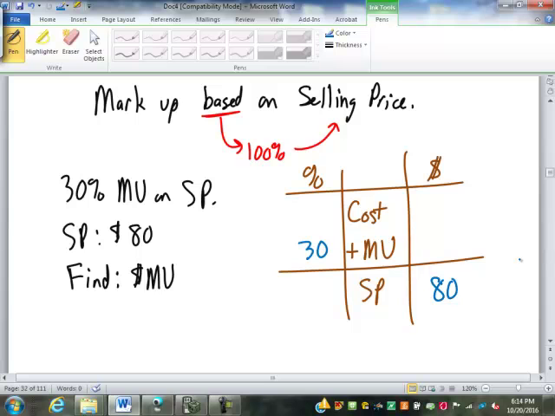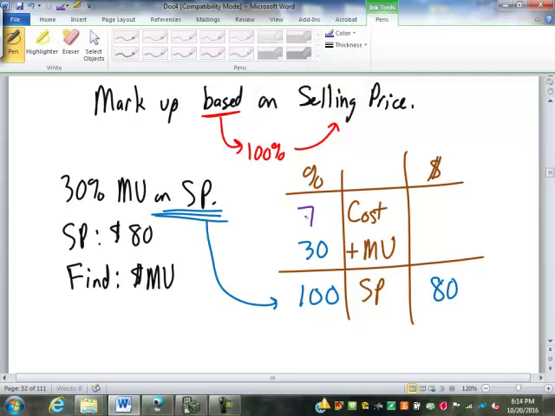What is changed now is just the two words. It's no longer on cost, it is on selling price, which means 100% has to go with the selling price. Does that mean the cost is now 130? Say no. It's 70. Perfect.